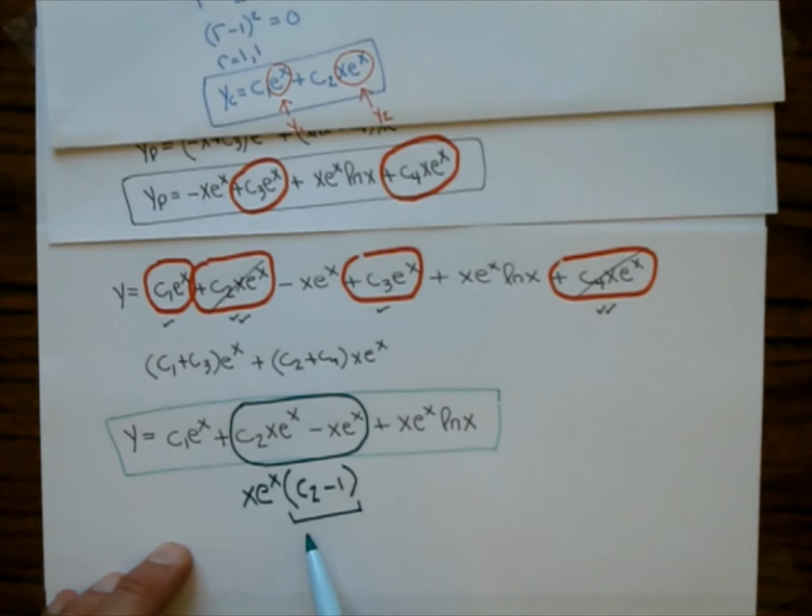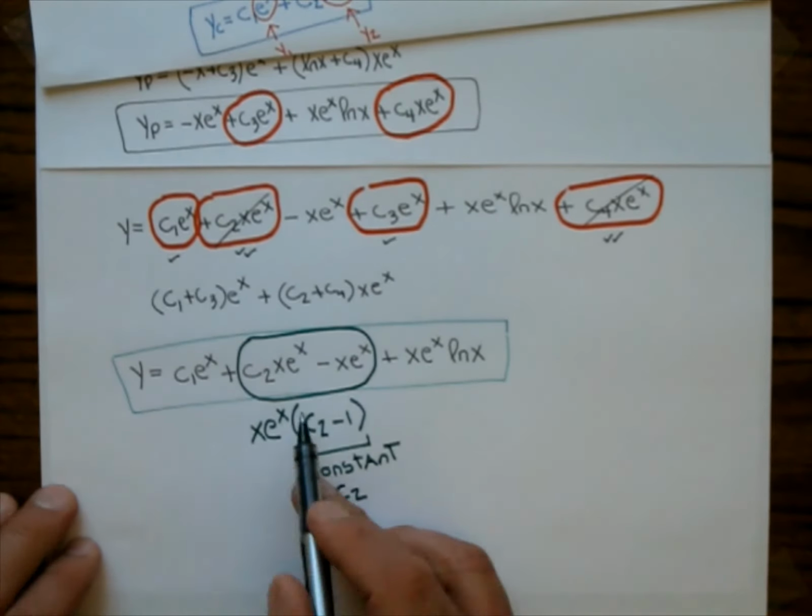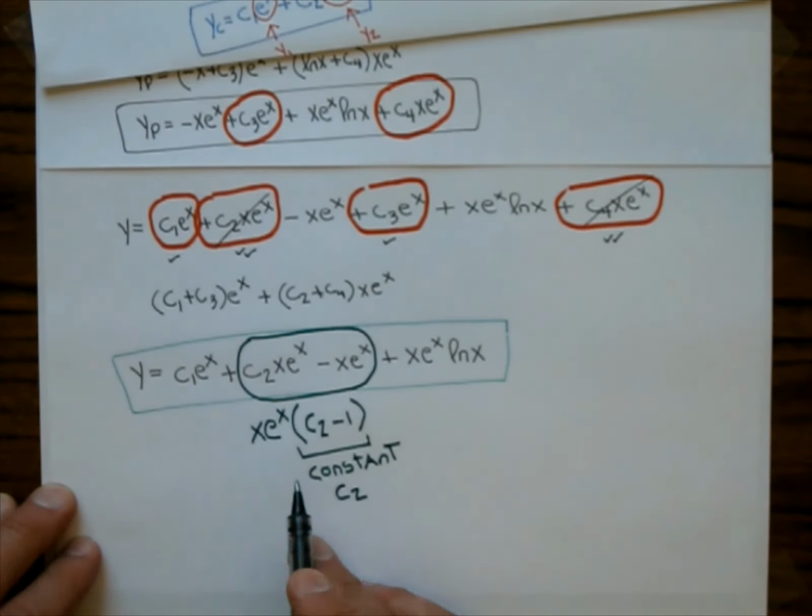This does not always happen in every problem you do. Sometimes it happens and sometimes it does not. So let's write our final solution to this. This green part's just going to become a constant times x e to the x. So y equals c1 e to the x plus c2 x e to the x.